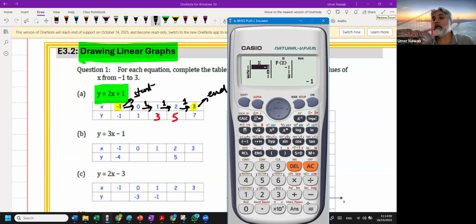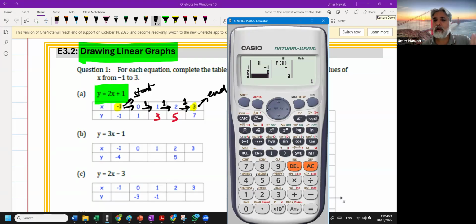Look, the table will come in front of you. When the x is -1, your y is -1. Is it matching? When the x is 0, your y is 1. When the x is 1, your y is 3. So no need to find each value of y separately by substituting values of x.